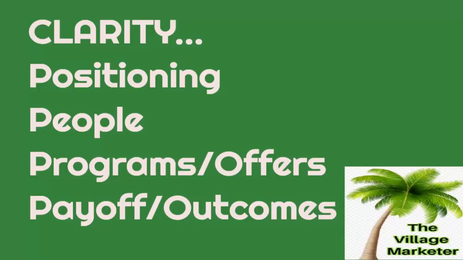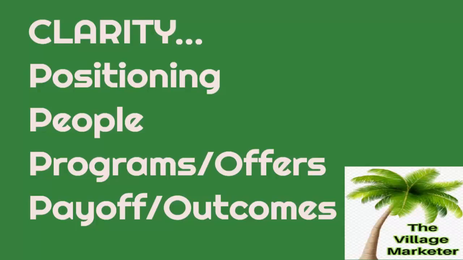Then the next thing you have to be absolutely clear on is who are the people that you can best serve. Not only who they are, but what are their needs? What are their problems? What are their number one desires? What are their wants? All these things you need to know about them. Then how can you be clear on communicating that to these same people?